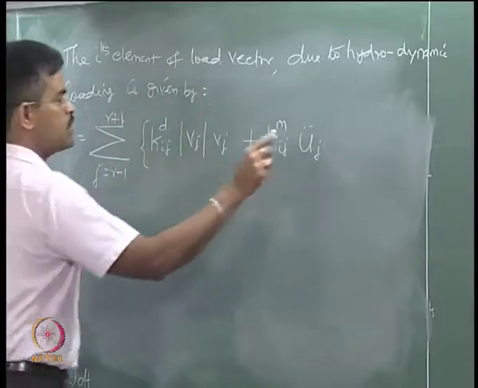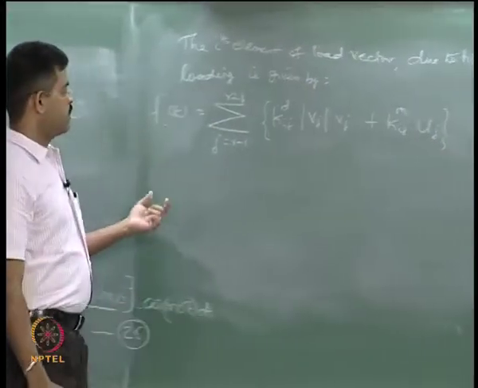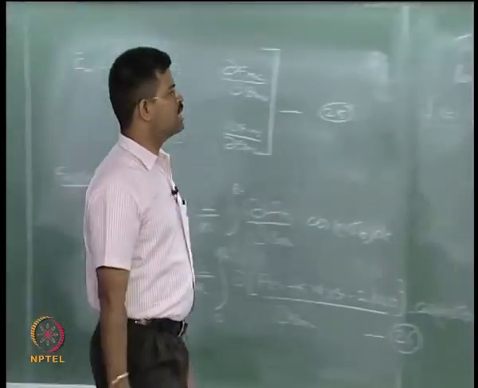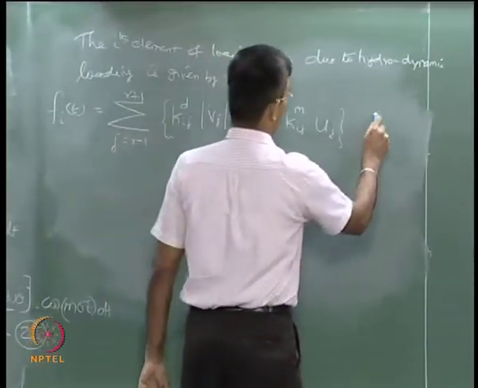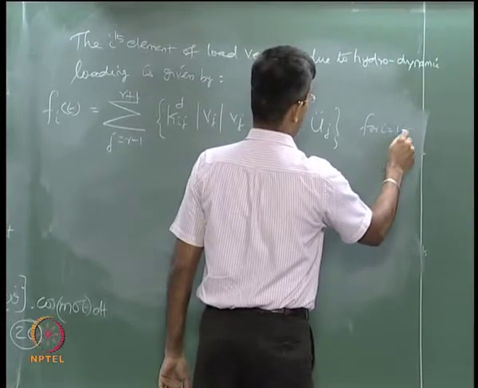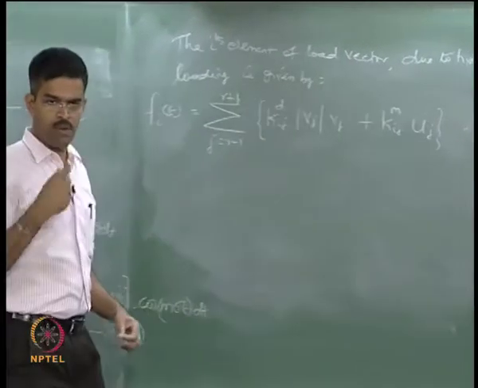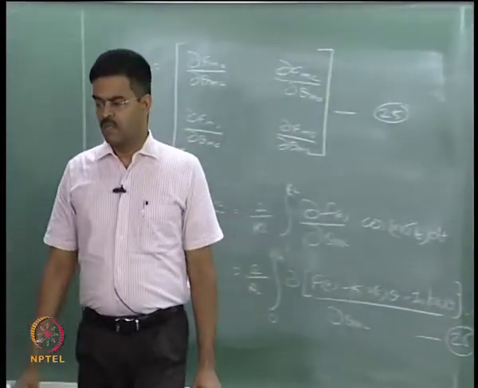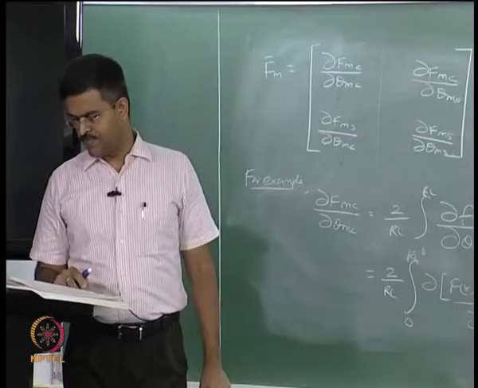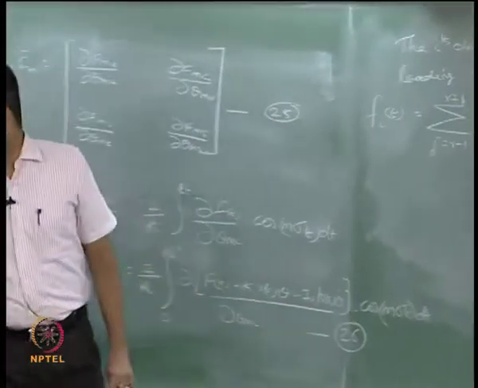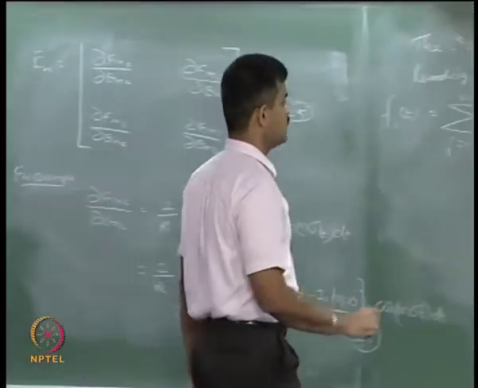The summation runs from r minus 1 to r plus 1, where i varies from 1 to capital N, N is the number of divisions or elements in your tower. I will call this equation number 27.